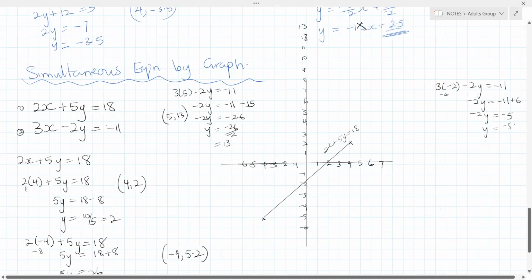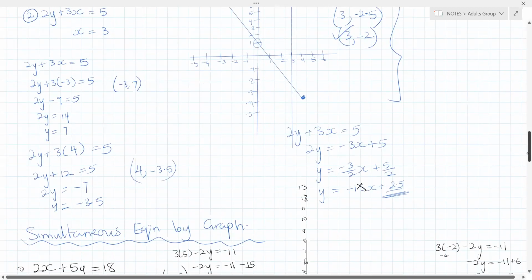Y is equal to -5 over -2. If you don't know how to solve linear equations, you will be in deep waters because you'll know how to plug in, but you wouldn't know how to solve. So 2.5. So our coordinate is -2 and 2.5. So here.